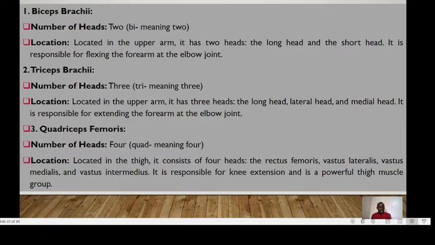The quadriceps femoris is located in the thigh. It consists of four heads: the rectus femoris, vastus lateralis, vastus medialis, and vastus intermedius. It's responsible for knee extension and is a powerful thigh muscle group.